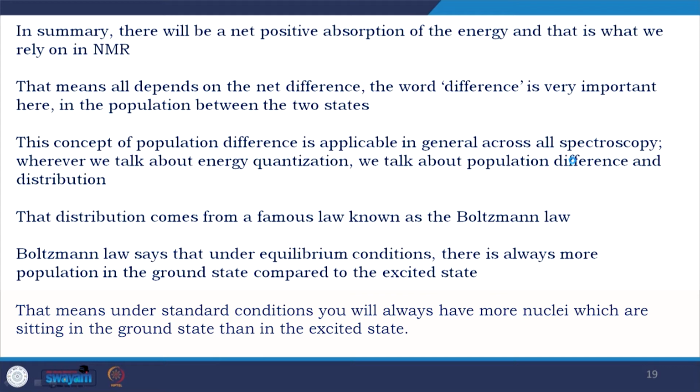That means under standard conditions, you will always have more nuclei sitting in the ground state than in the excited state, and the ratio of the population between the two states is given by the Boltzmann equation.